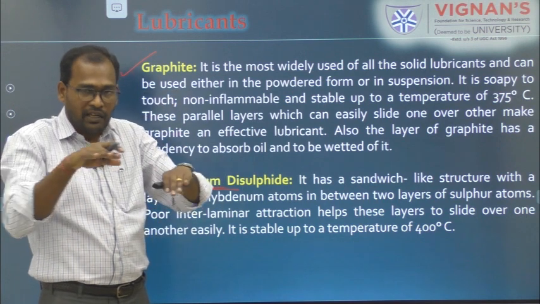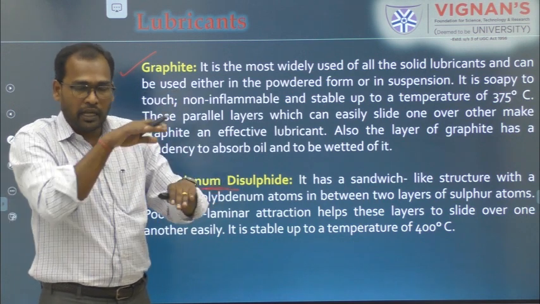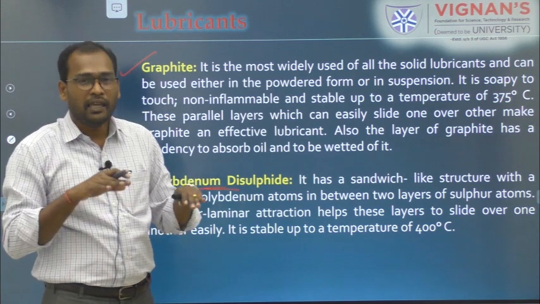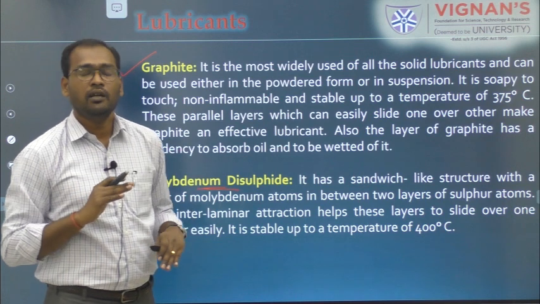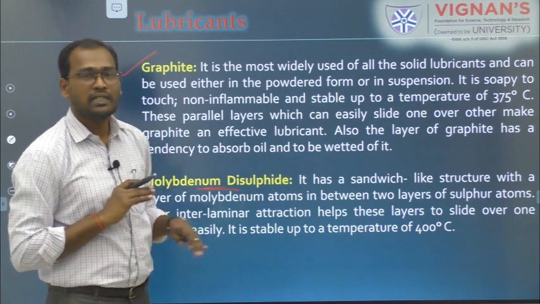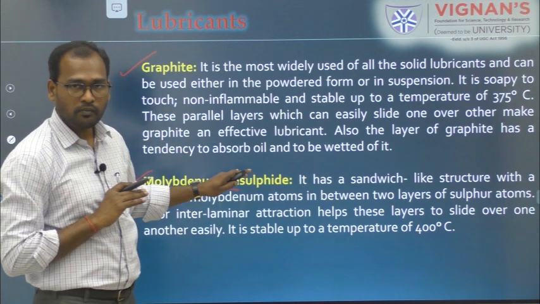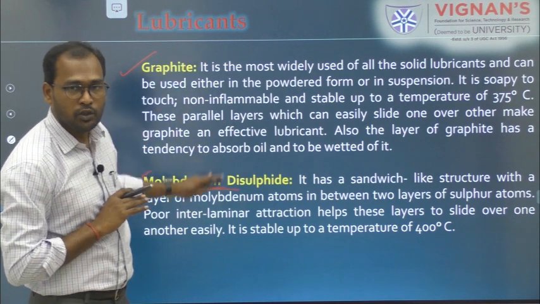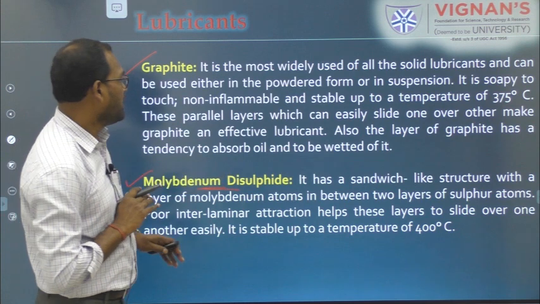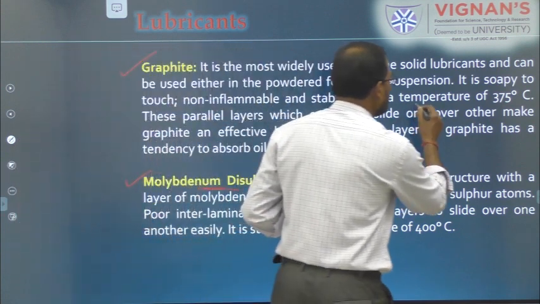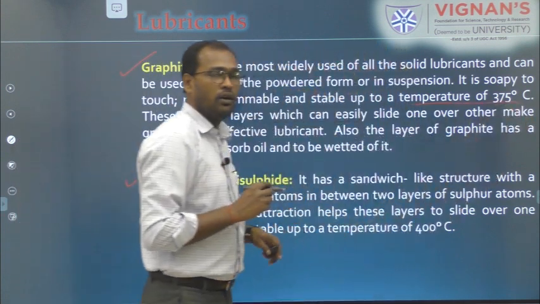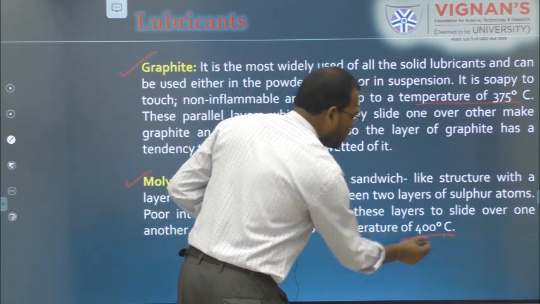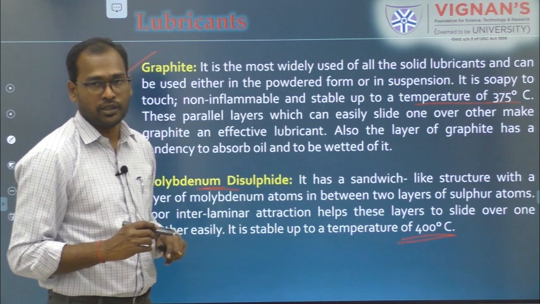If there is any imperfection either on the molybdenum surface or on the sulfur surface, then the lubrication property will be achieved, right. These are the two examples for solid lubricants. And if you can see here, the temperature for graphite can go up to 375 degrees Celsius, whereas molybdenum disulfide will go up to 400 degrees Celsius, right.